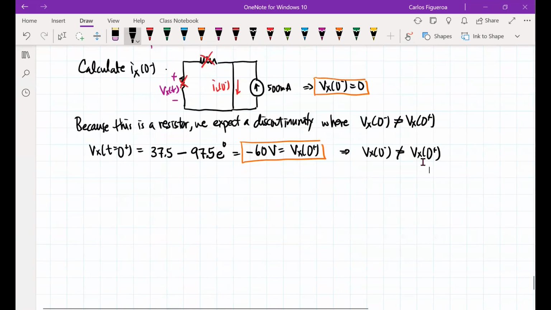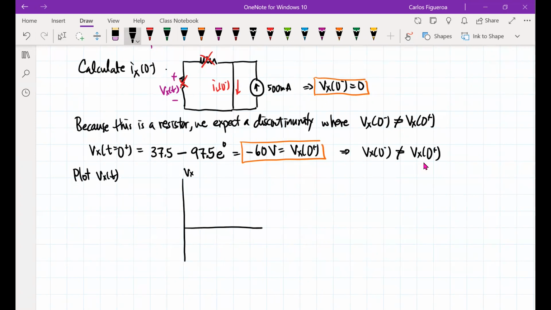So now the only thing I have left is to plot Vx of t. If I look at this guy, it's going to look something like this. This is Vx of t, and I'm going to call this t.